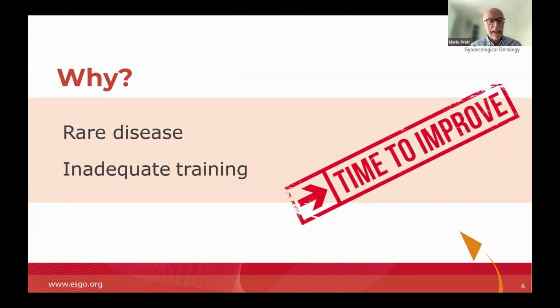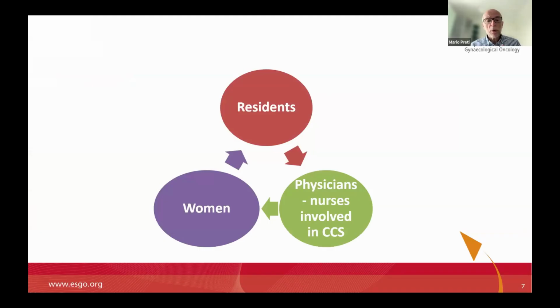This delay is because it's a rare disease, because of inadequate training. So we put together three different groups: the residents, the physicians and nurses involved in cervical cancer screening procedures, and the women.